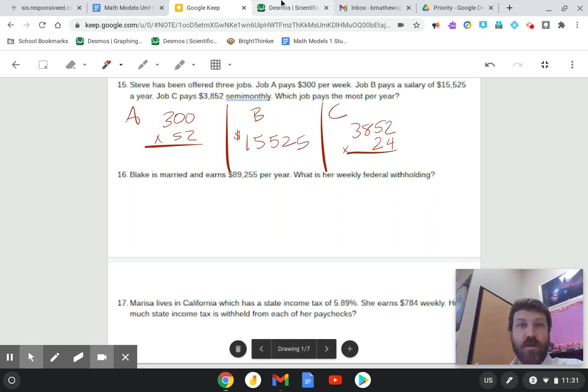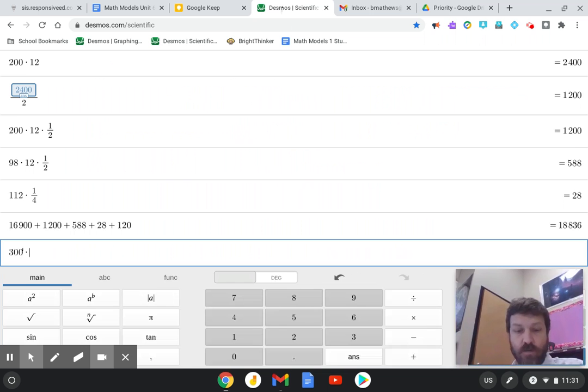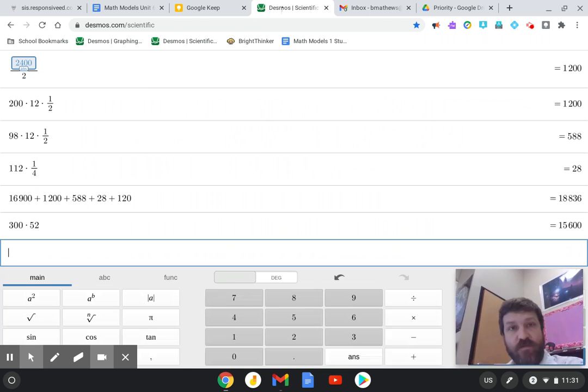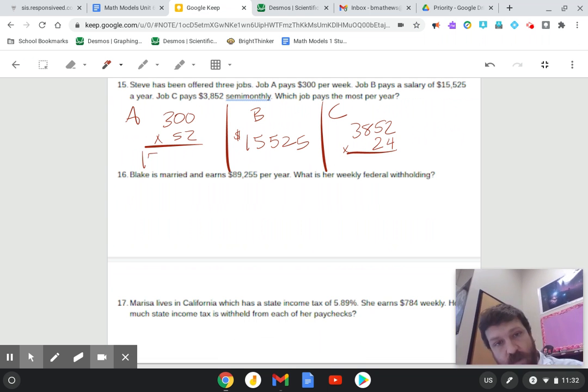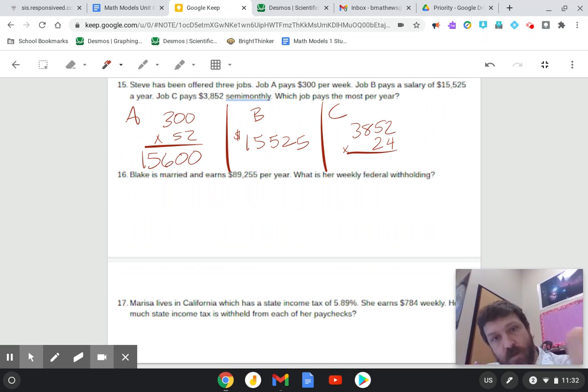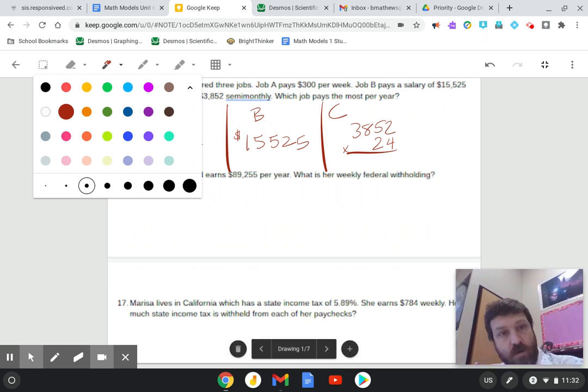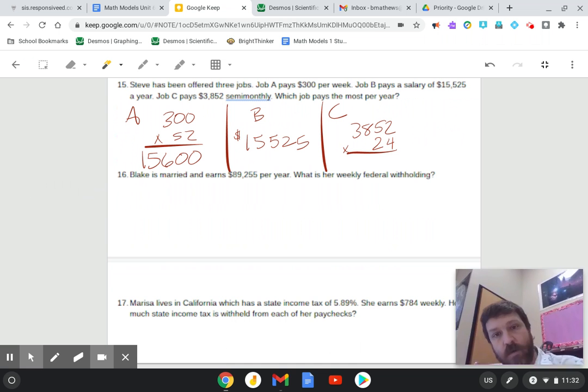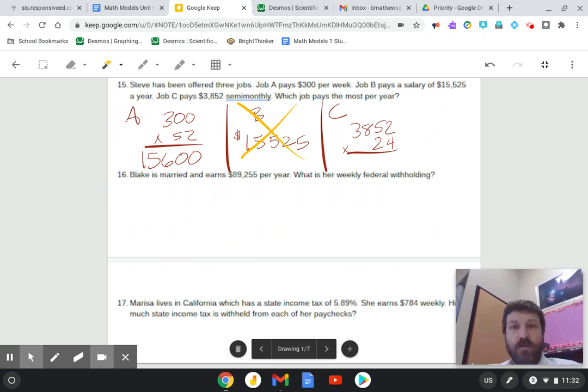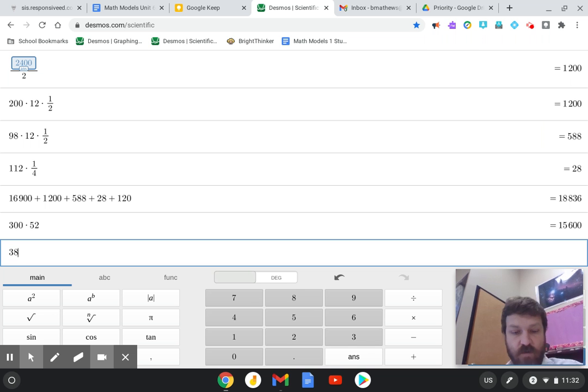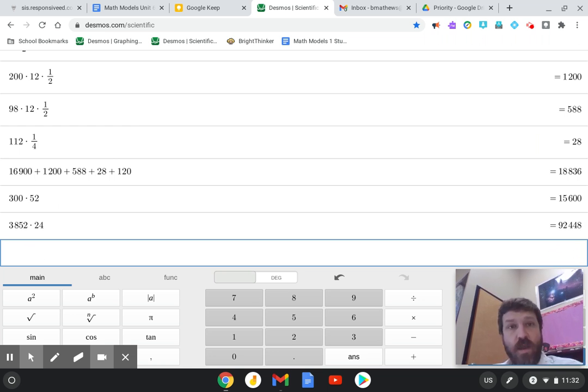So we do 300 times 52 first. That's 15,600. So already that one is looking good. That's better than B. So we can already knock out B from the running.